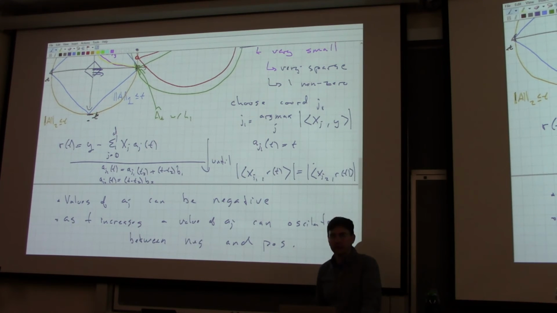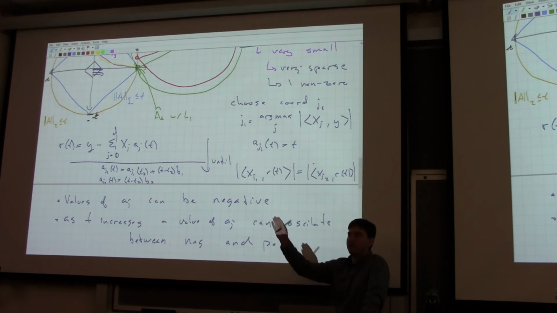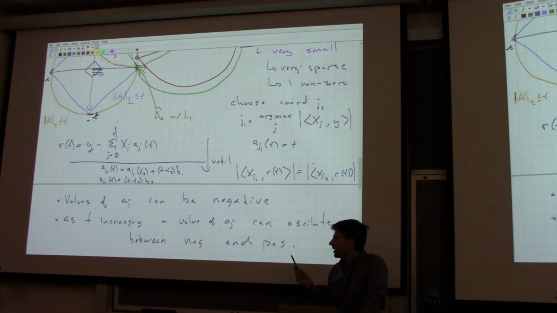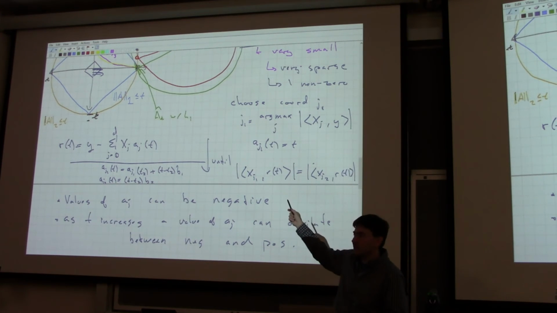This should seem a little bit unintuitive. It means if it starts growing positively, it may not always grow positively. Least angle regression is a pretty clever solution because there are lots of local minima that could be going on here, but it turns out this essentially gives you the optimal solution.